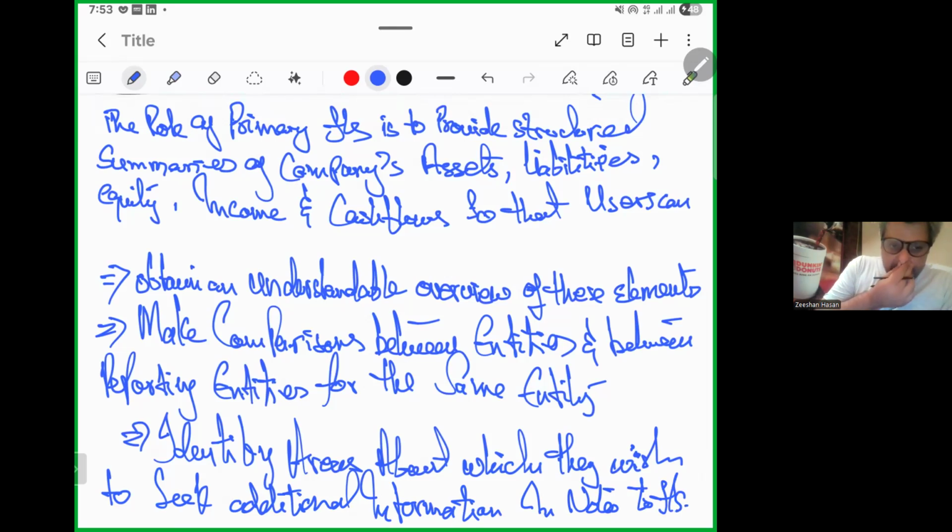Okay, so the primary financial statements are useful that they should comply with the specific requirements of IFRS 18.